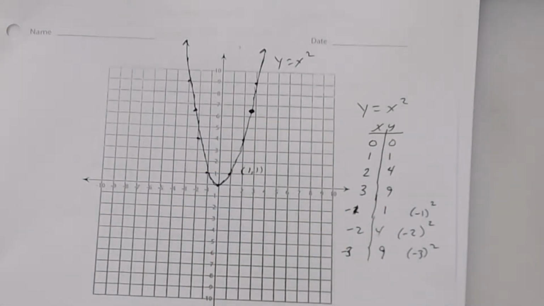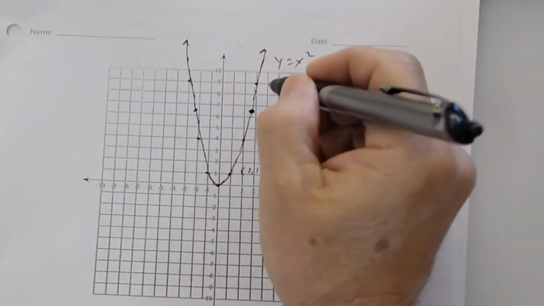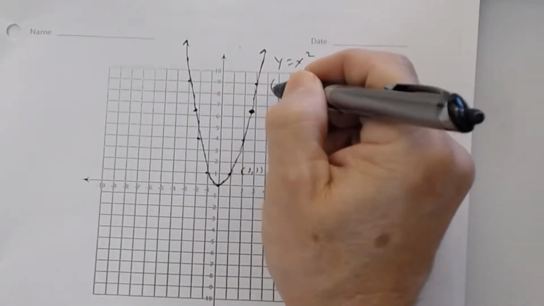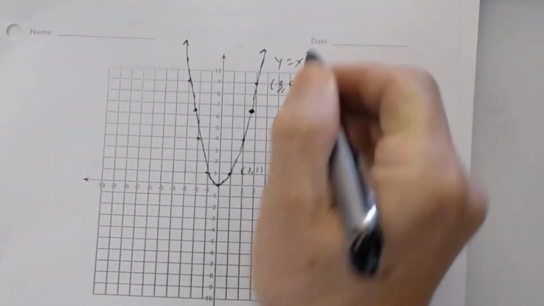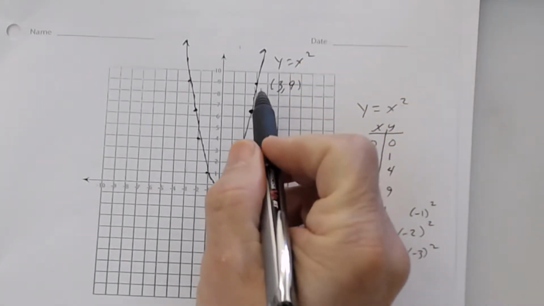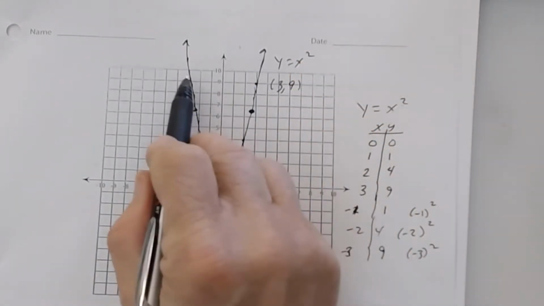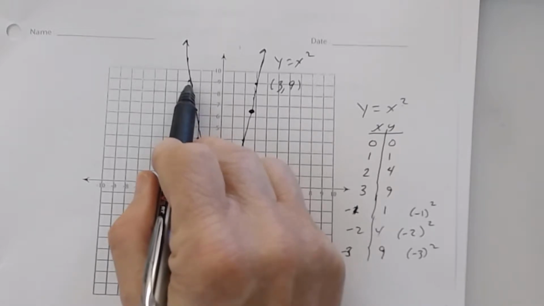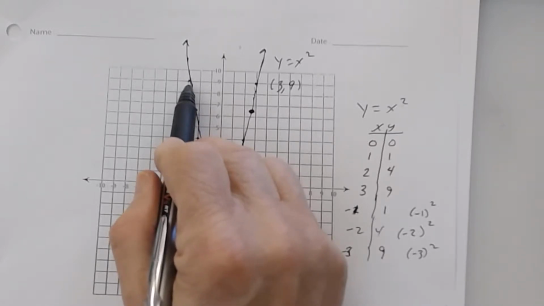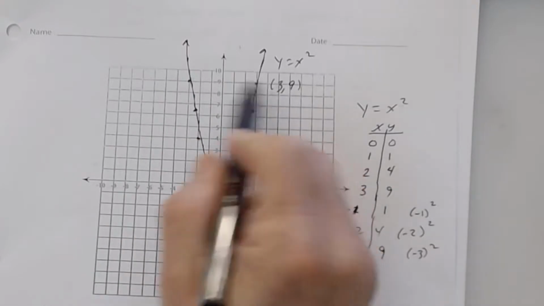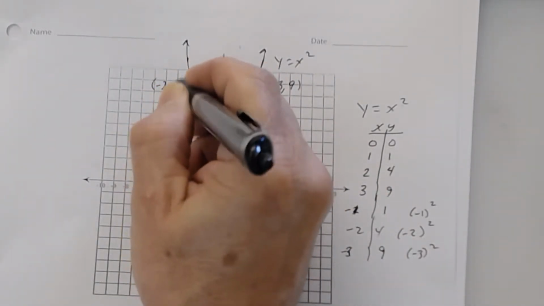So the symmetry idea. If the point, listen carefully to these words, if the point 3, 9 is on the graph, and this is an even function, then what other point better be on the graph? Negative 3, 9. So the y values better be the same. So negative 3, 9.